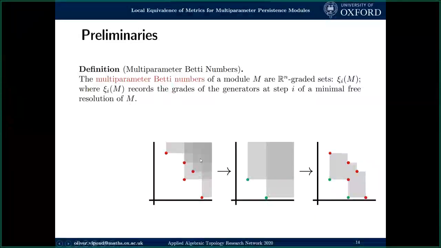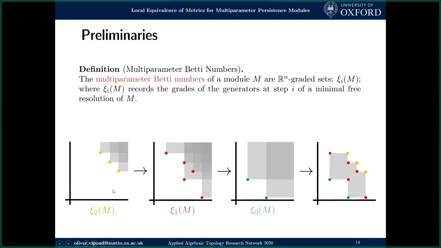The analog of the birth and death points of bars in single parameter persistence are the so-called multi-parameter Betti numbers, which are the grades of the generators in a free resolution of our object. So Hilbert's syzygy theorem says that if you have a finitely generated R^n graded module, then you can take a free resolution of length at most n+1.